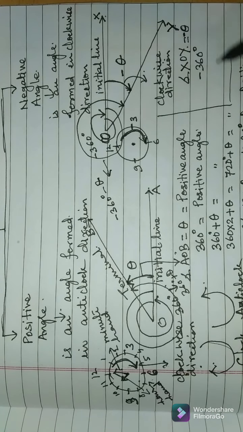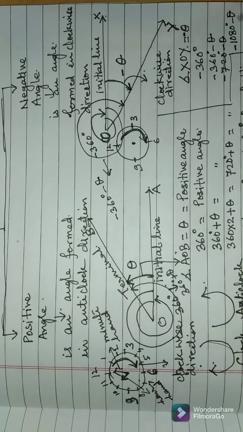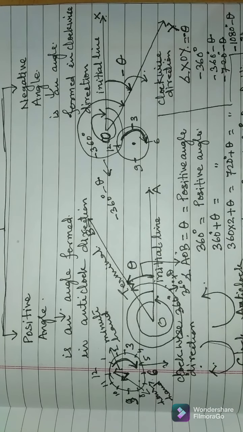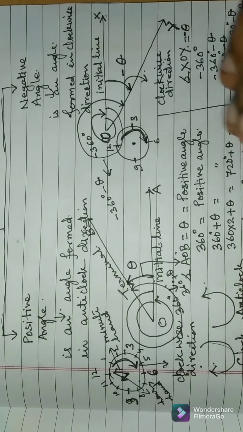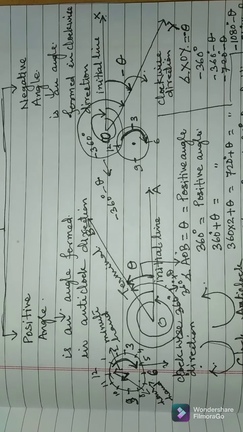With 3 rotations, minus 1080 degree minus theta. If a fourth rotation takes place, then it is 360 degree into 4, so minus 1440 degree minus theta.